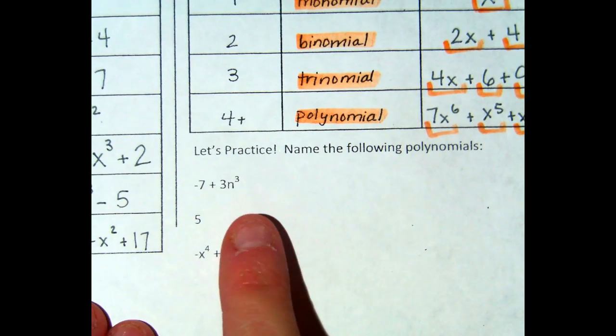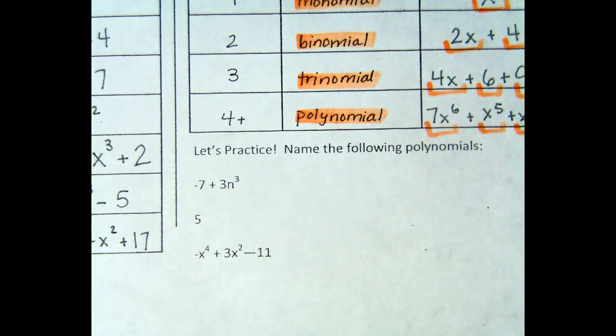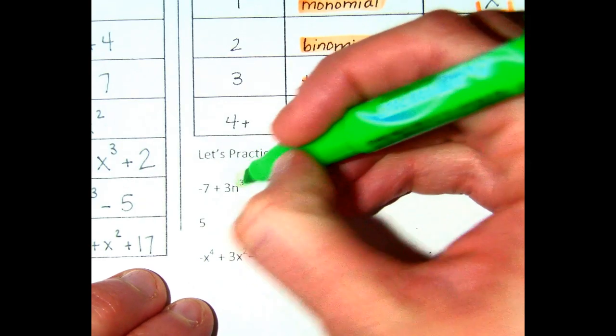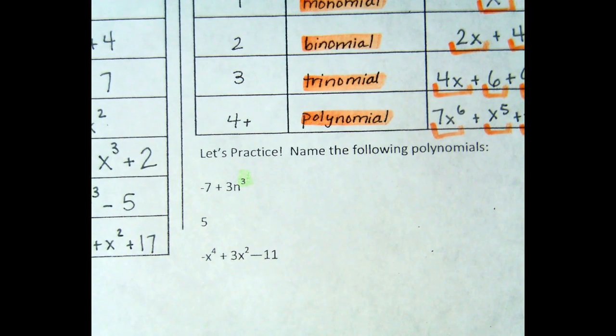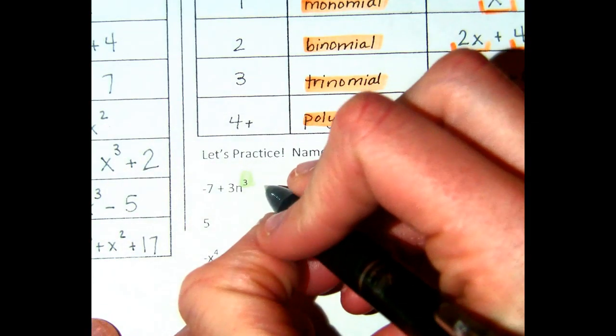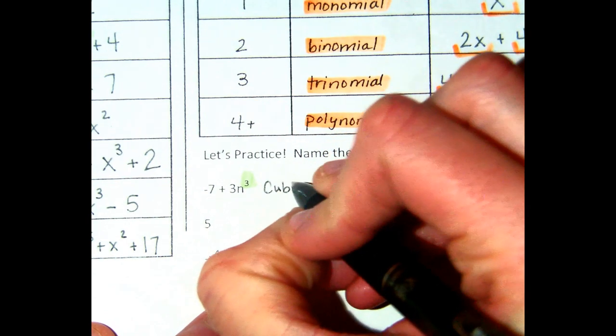So we're going to get the first name from over here. To decide what the first name is, take your green highlighter and highlight the highest exponent. What is the highest exponent? This 3 right here. I'm going to need a new green highlighter. Okay, so looking at our chart, having a degree of 3 means this is a what? It's cubic.